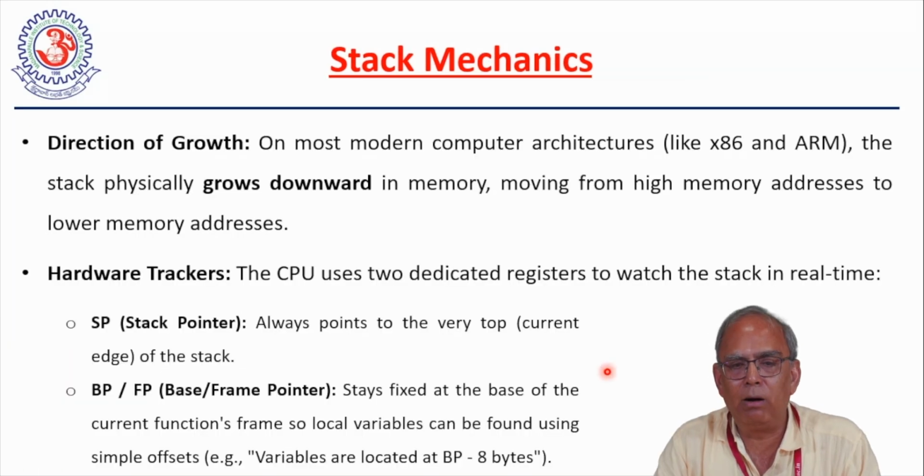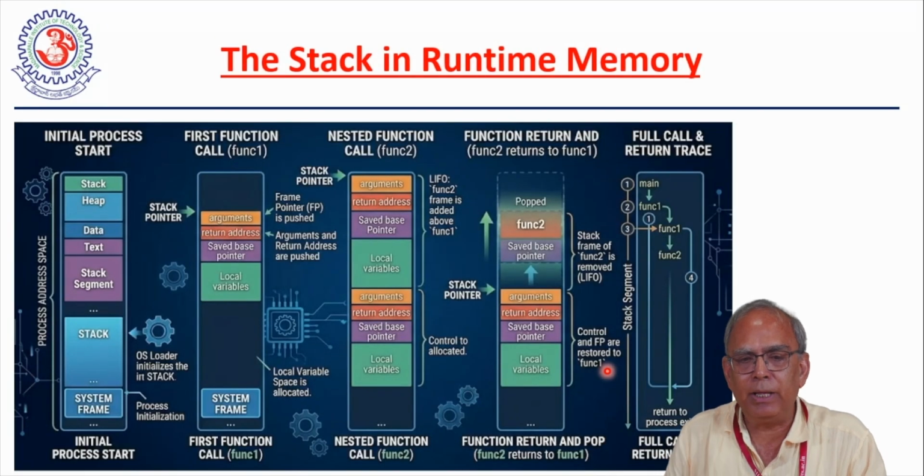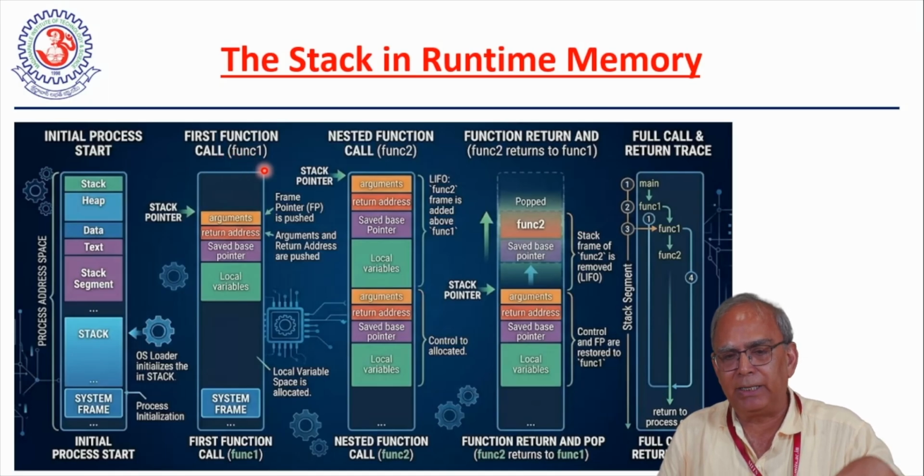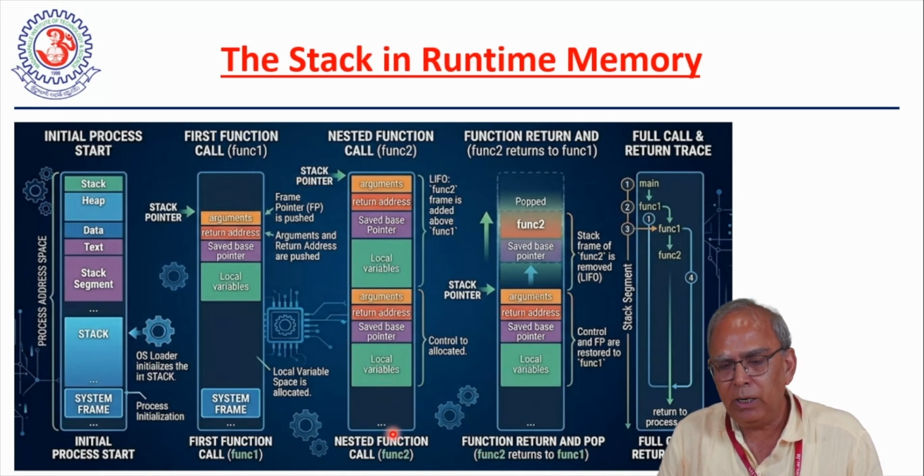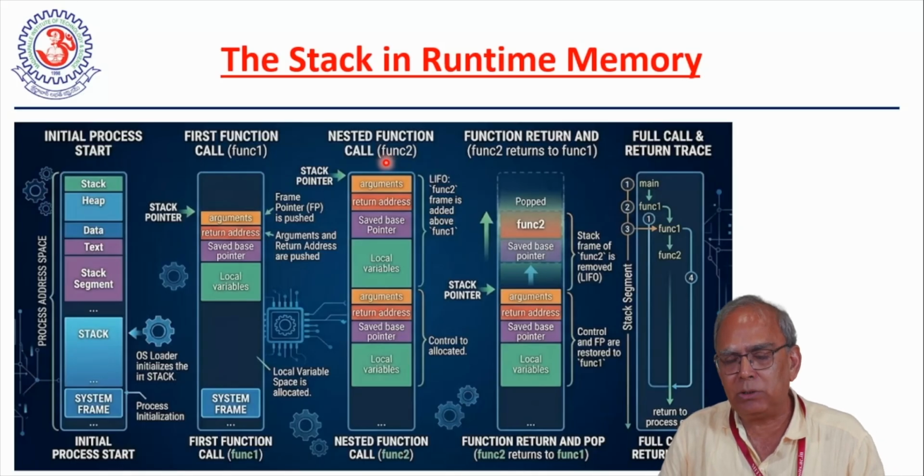Before summarizing the stack, let us first understand how the stack will grow. As the number of function calls increases, we call it the depth of the calls. In the case of recursion, this is called the depth of the recursion. The stack size will keep on increasing with the number of function calls which have still not completed.